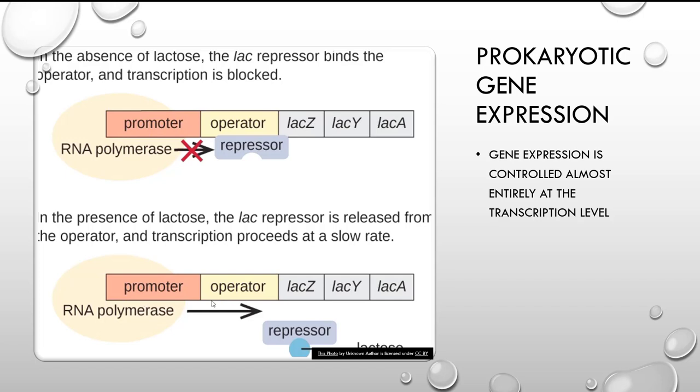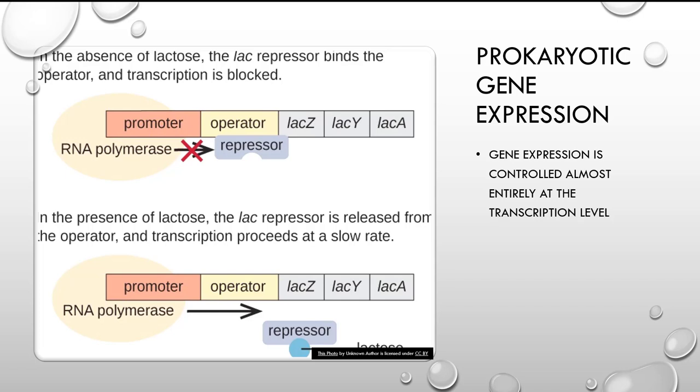It's going to continue going and it's allowed to proceed, and so the bacterial cell can go ahead and use lactose as a food source. Okay, so the RNA polymerase binds and begins transcription between the promoter and the 3 genes in the region, which is the operator.